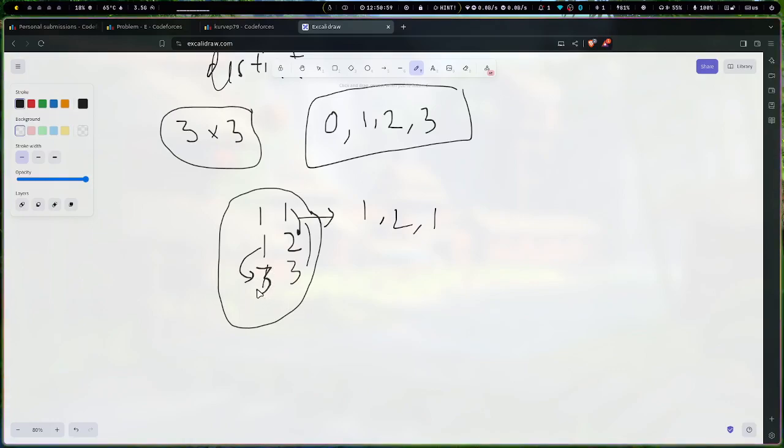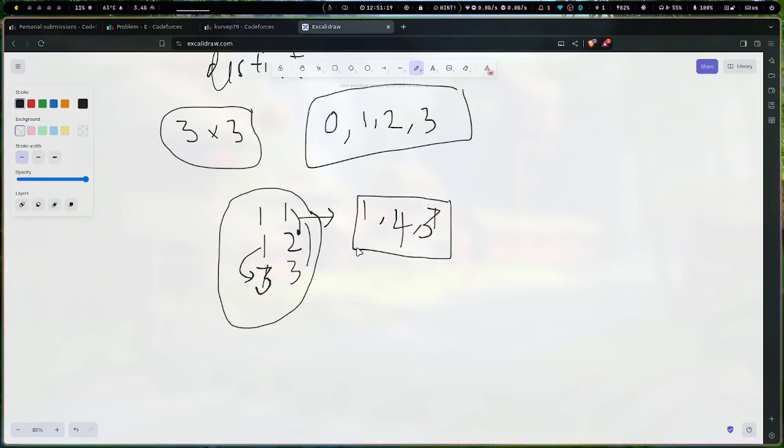Suppose you take here 3. So between this it is 1, this and this is 4, and this and this is 3. Yeah, see, you get 3 distinct values.